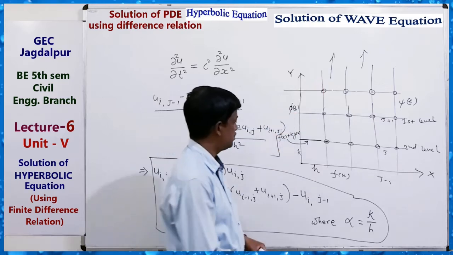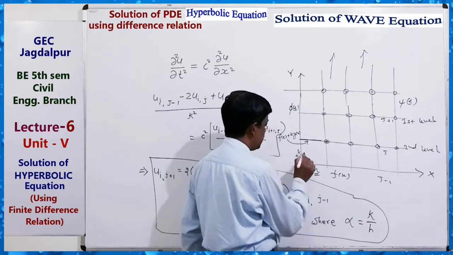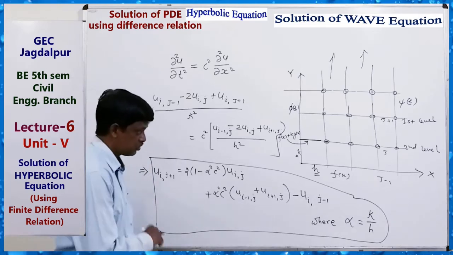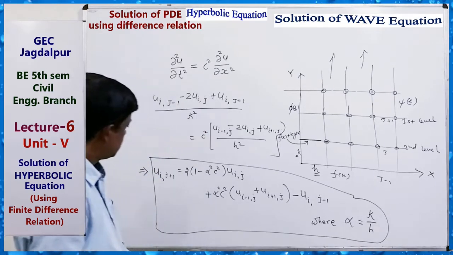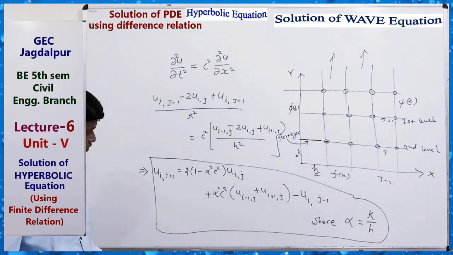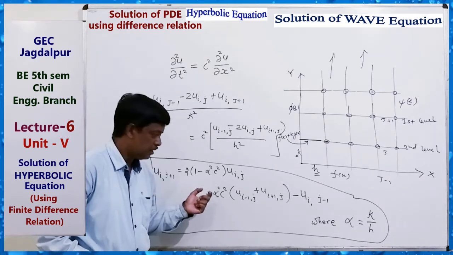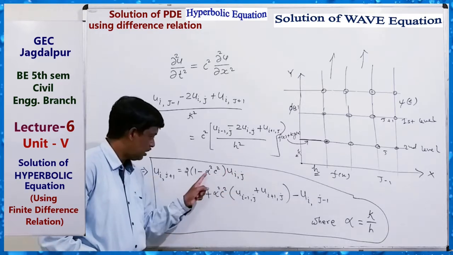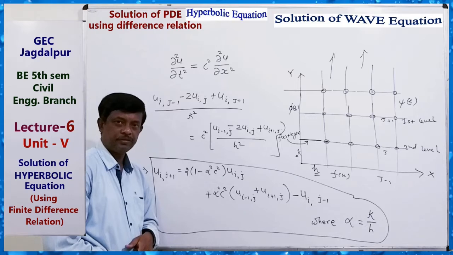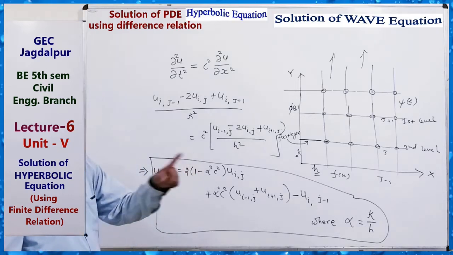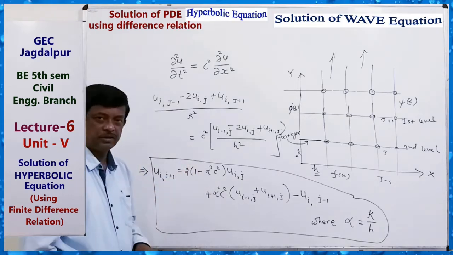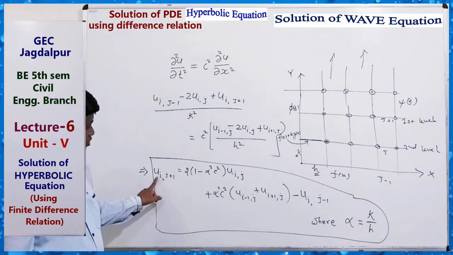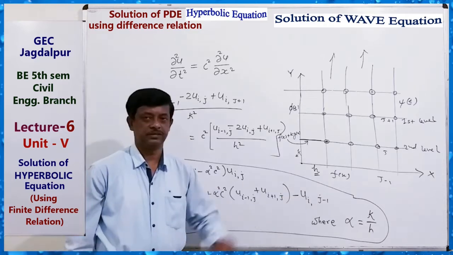Here we will decide h, k and the value of alpha. For simplicity, we can omit it, that means alpha square c square equals 1. From here we can see that if alpha c equals 1, then this will vanish, then this is equal to this.